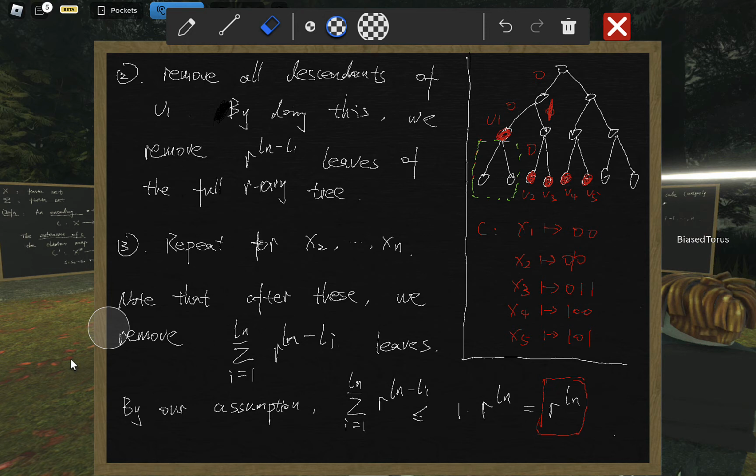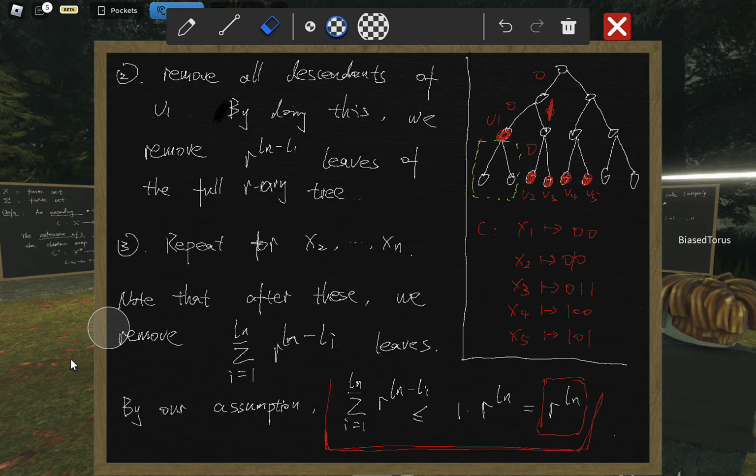I mean, xi, you choose a node at depth li, right? Yes. I mean, if all the L's are small, couldn't I have run out? Why don't I run out? Yeah, because we have this assumption. This assumption basically is an inequality, right? So we have the assumption that the sum is less than or equal to 1, and we multiply r to the ln on both sides, we get this inequality.